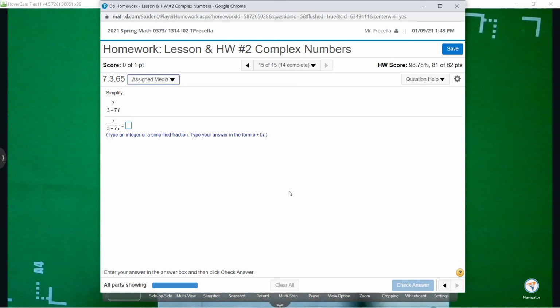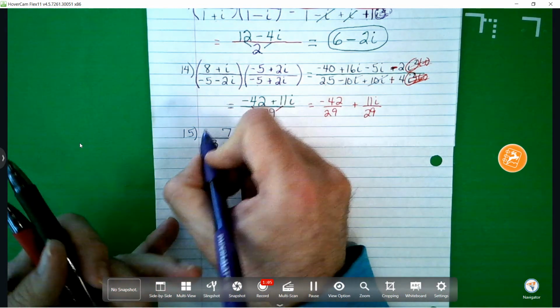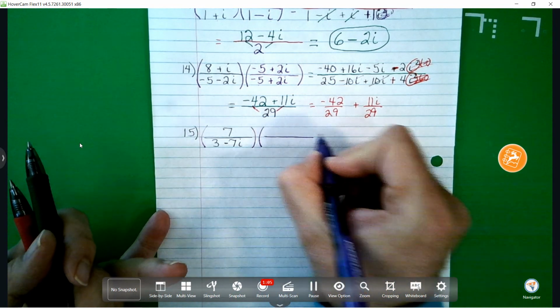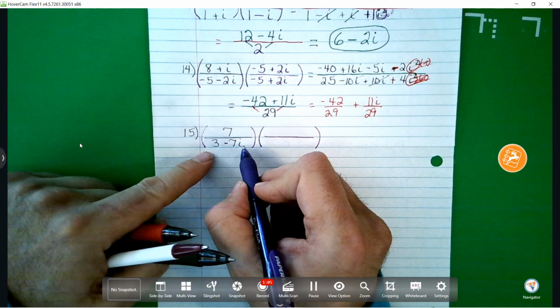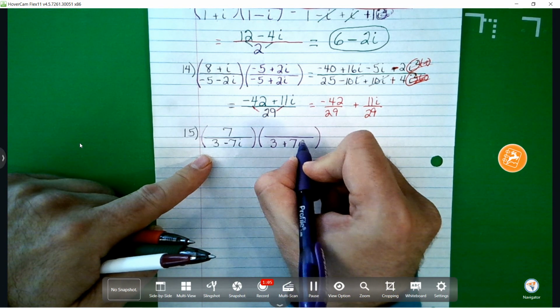Well, don't let the fact that there's no i on top scare you. Still, just go about it the same way. Multiply above and below by the conjugate of the denominator. The conjugate of 3 minus 7i is 3 plus 7i.